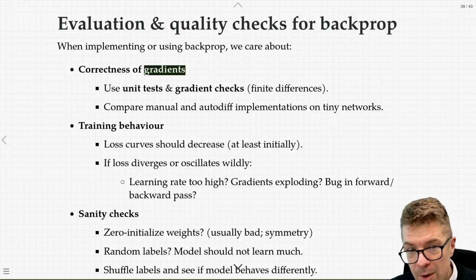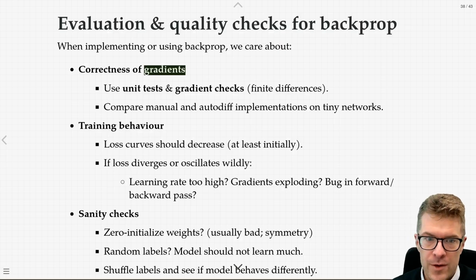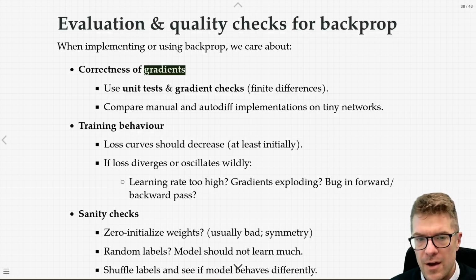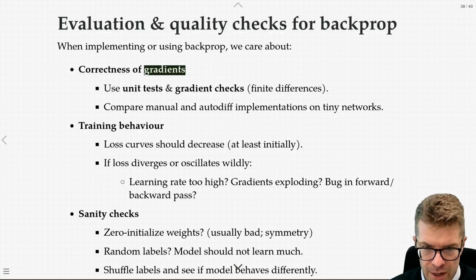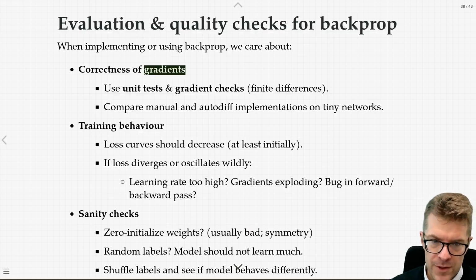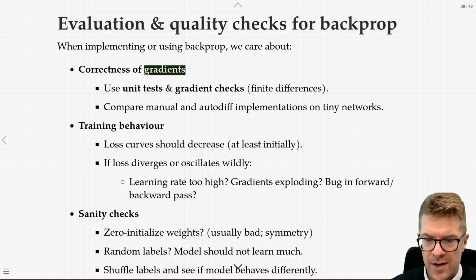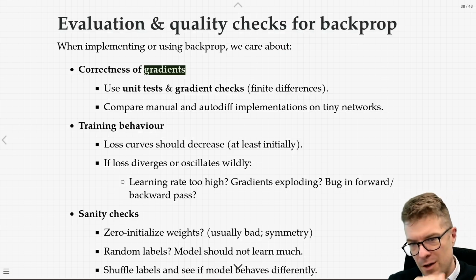We want to keep on looking at training behavior, so whenever possible we look at loss curves over epochs for training and validation sets. They should generally decrease, at least initially, with the caveat of noise. With different batches, especially for hard data, the loss curves usually aren't going to be as smooth as we've been seeing.